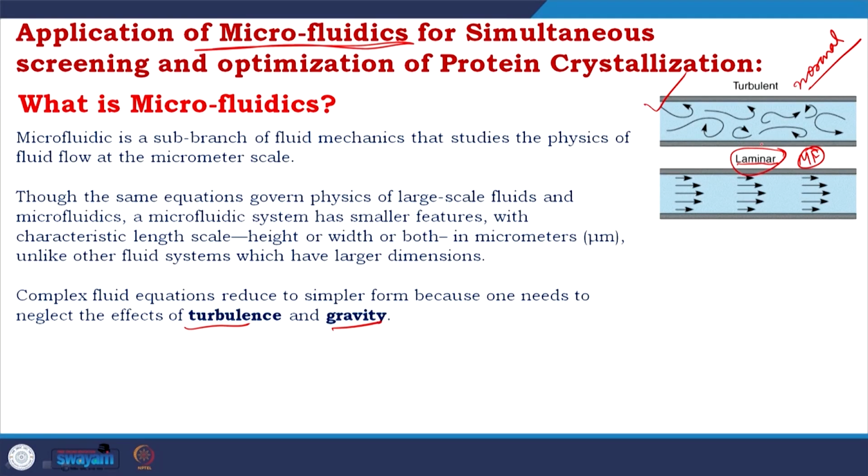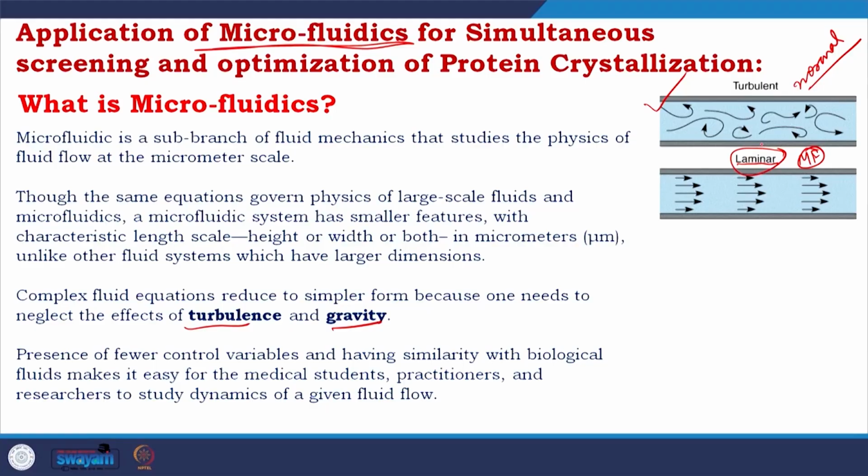So, the introduction of microfluidics has given an advantage to the model, making it more biological. Okay? The presence of fewer control variables and the similarity with biological fluid make it easy for medical students, practitioners and researchers to study the dynamics of a given fluid flow.